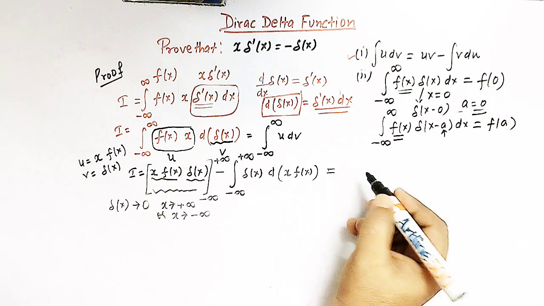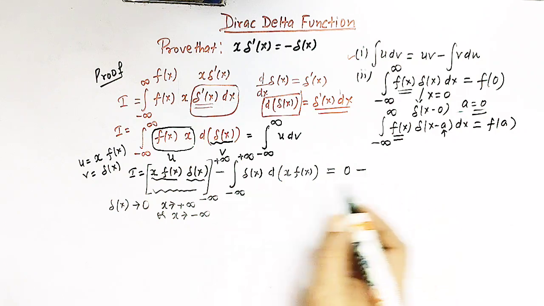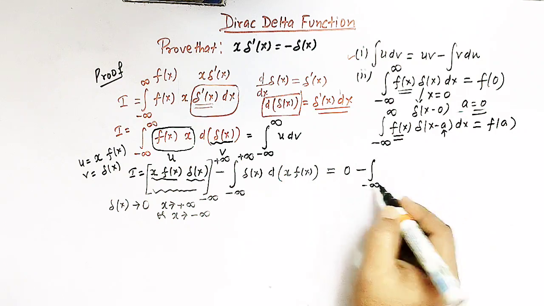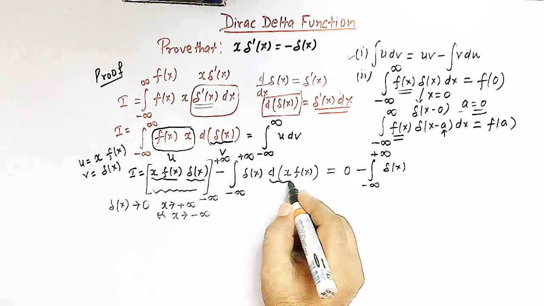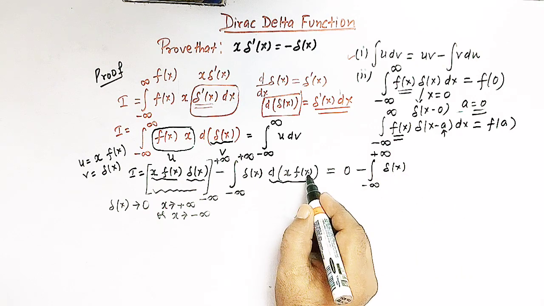So this term reduces to 0, and here we have the integral from minus infinity to plus infinity of delta of x times the derivative of x f of x.